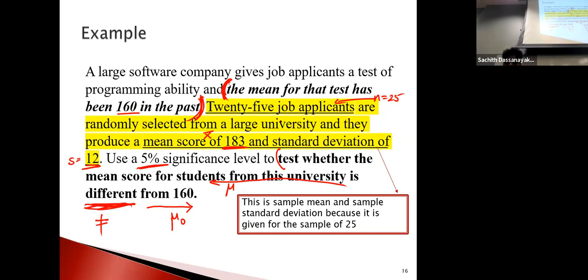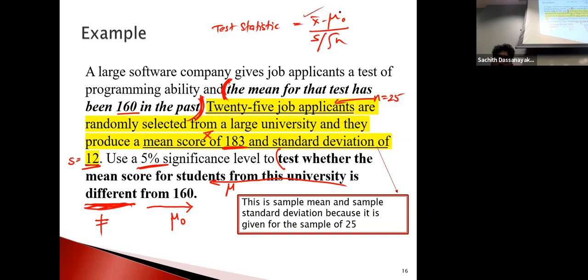You know x bar, you know s, you know n, but not sigma. How do we find the test statistic? x bar minus mu naught divided by s over square root of n.